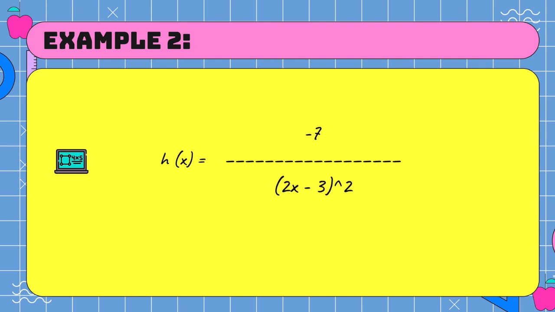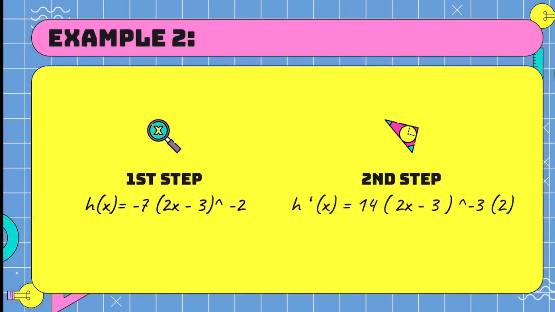Questions can come in many ways. For this example, I've chosen to put a fraction so I can show you that we can apply the chain rule easily. So for this example, I'm doing example 2 so we can get to know the lesson more. So for this example, h of x is equal to 7x over (2x minus 3) squared. So now we'll see how we can solve this equation. So there are 2 steps we can do for this equation.